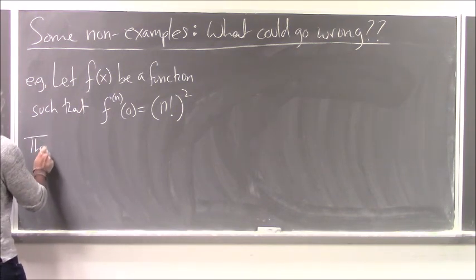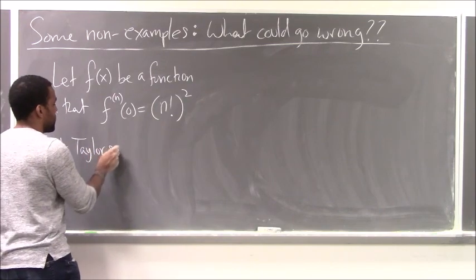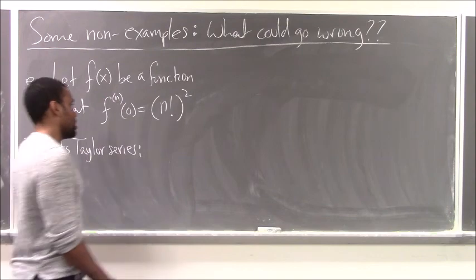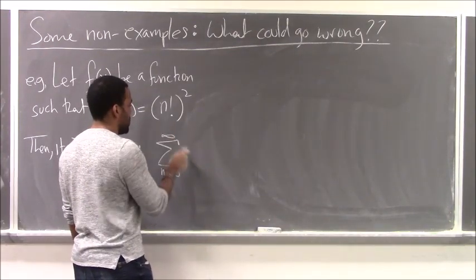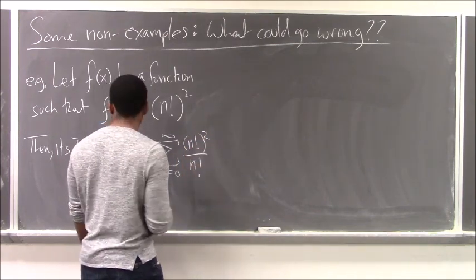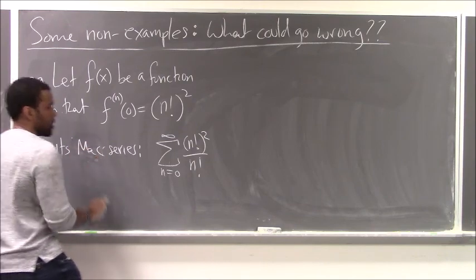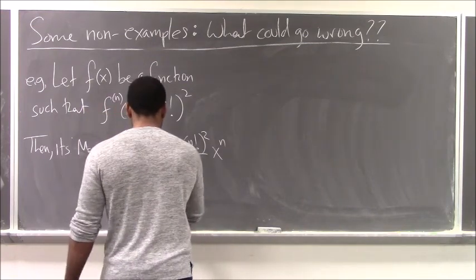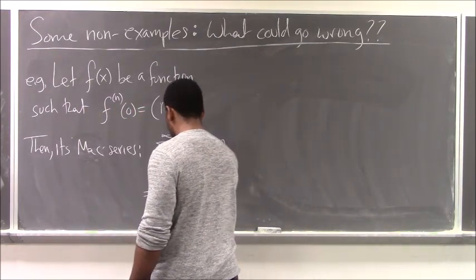Then its Maclaurin series would be the series, n goes from 0 to infinity, of n factorial squared over n factorial, x to the n. This would just be n factorial x to the n.